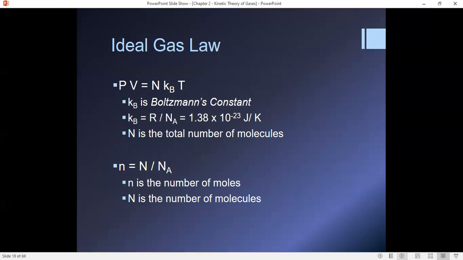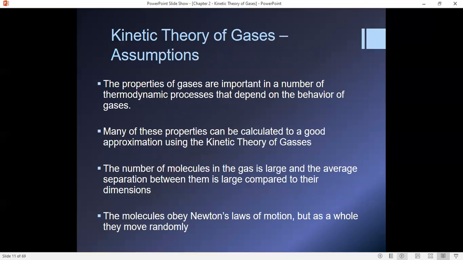So again, ideal gas law, we can write it either way. PV equals capital N kBT using the Boltzmann constant, or PV equals nRT using moles. Now we are going to come up with this equation of state.